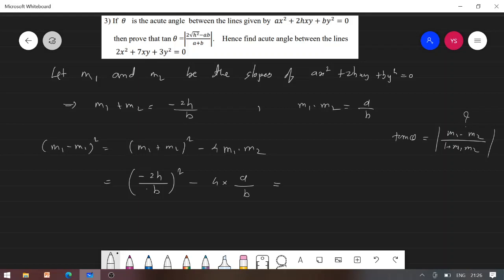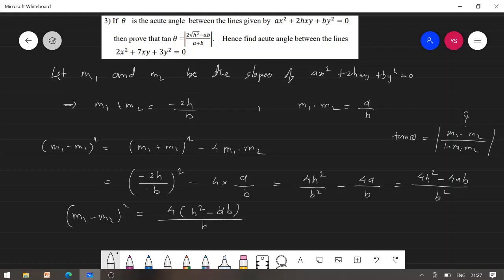So minus 2h divided by b the whole square gives us 4h square divided by b square, while minus 4 times a divided by b. Taking the LCM as b square, we get 4h square minus 4ab divided by b square. So m1 minus m2 the whole square, after taking 4 common from the numerator, is h square minus ab divided by b square.